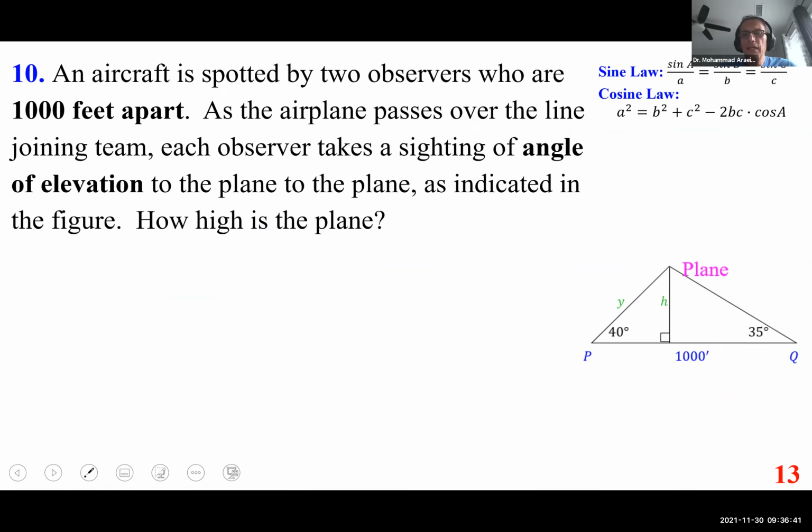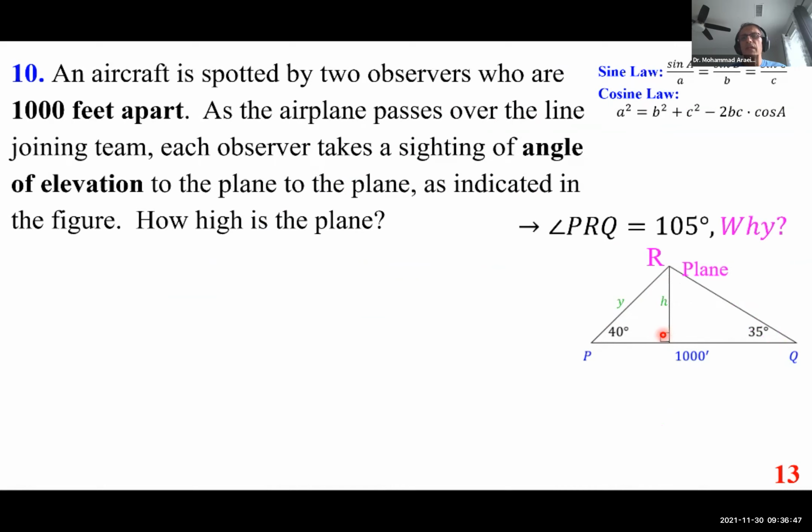So let's say this side is y and this height we are looking for is h. This angle PRQ is 105 degrees. Why is that? Well, look, the left side is a right triangle. Look, the right side is a right triangle. So this one is 40.